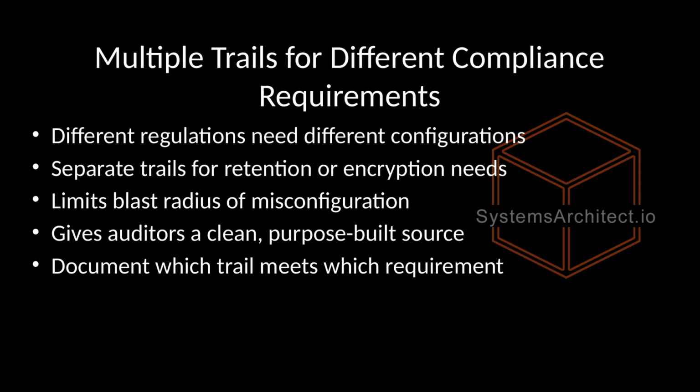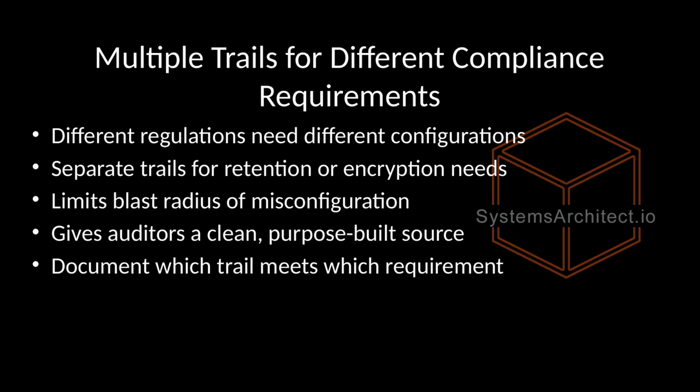5. Multiple trails for different compliance requirements. Different regulatory frameworks demand different retention periods, encryption standards, or log destinations, and forcing one trail to satisfy every requirement tends to end in compromise.